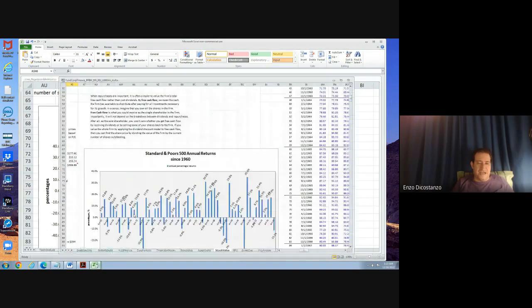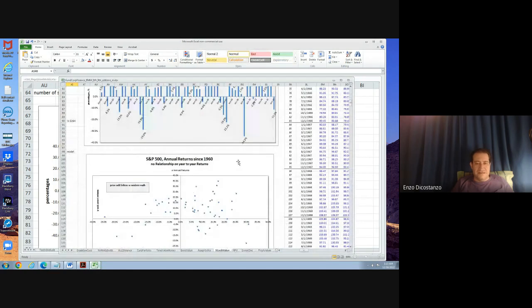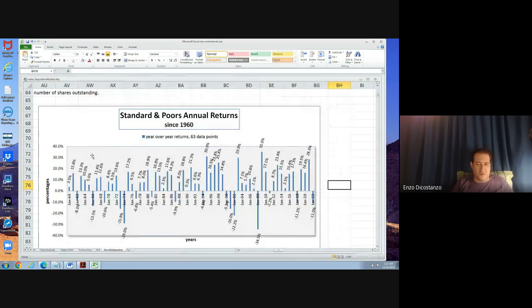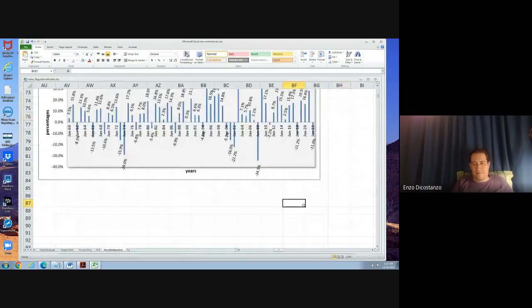So right there you can analyze at the snap of a finger. That was based on annual returns. These are year-to-year returns. The difference now is we're going to graph yesterday's and today's is what we're going to do. Okay, so that'll be the next one.